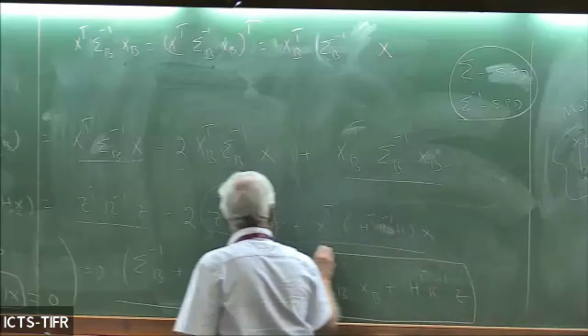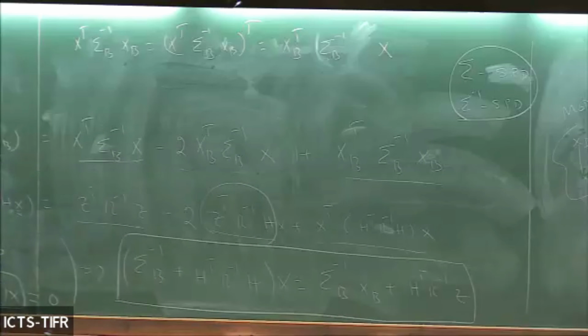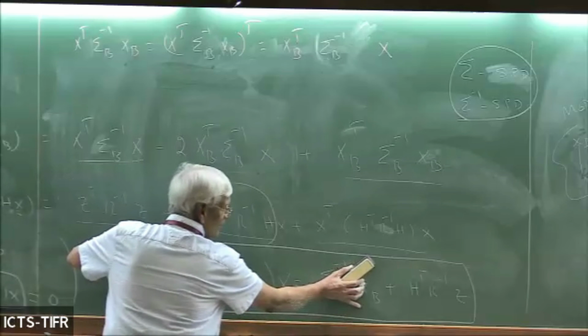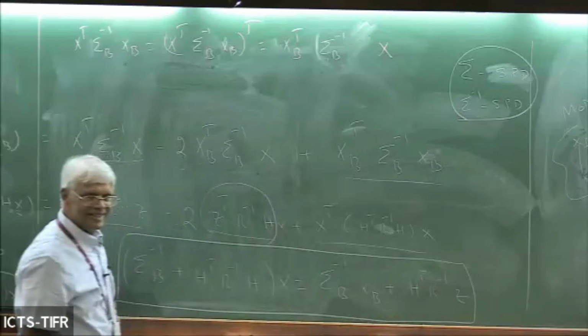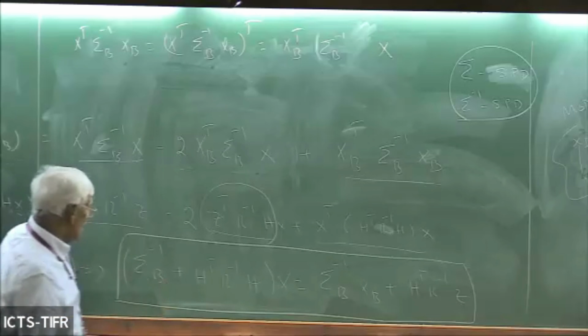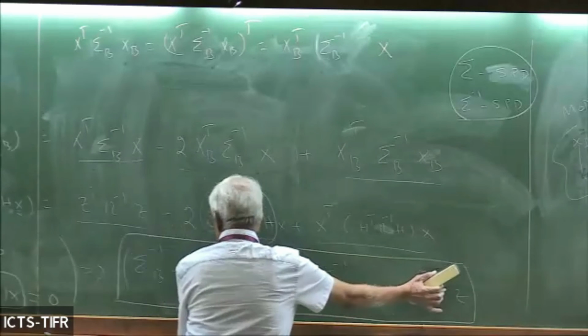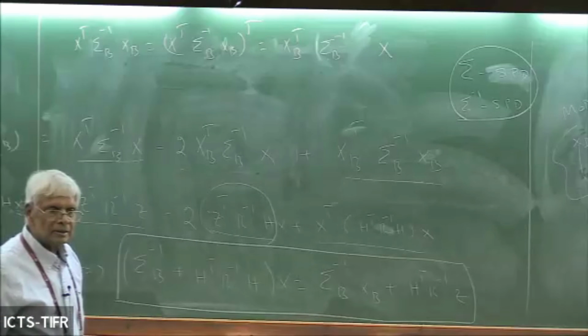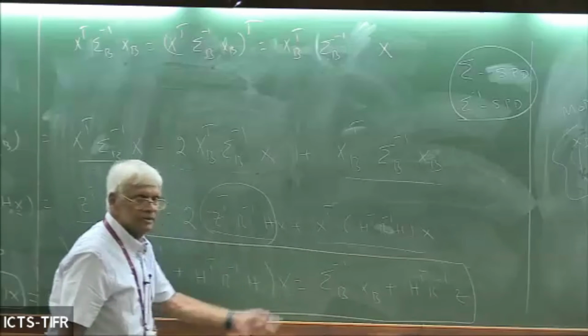Wow. When there is no background, this was not there, this was not there. I only had that equation. That's the equation I got earlier. When you don't have observation, I don't have this, I don't have this, I only have this. Everybody? But when I have both, I got this.